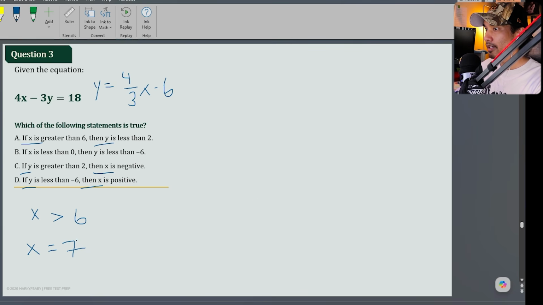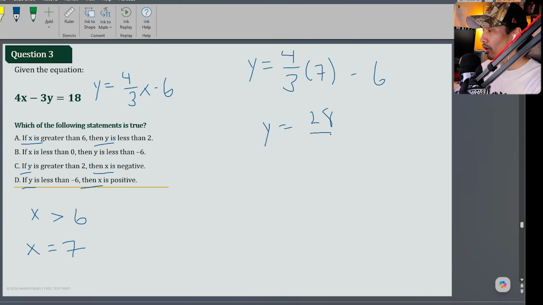Okay, perfect. So we said that x is equal to 7. Let's try it out. Y equals 4 over 3 times 7 minus 6. Then I get y is equal to 28 over 3 minus 6. I am going to get a really crappy number. But how many times can 3 go into 28?